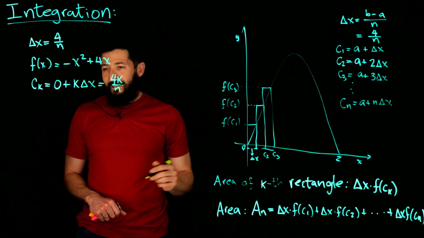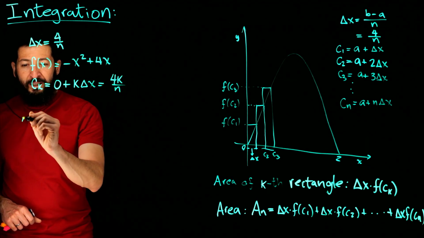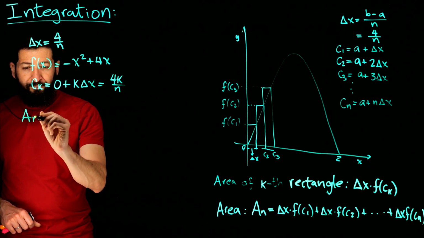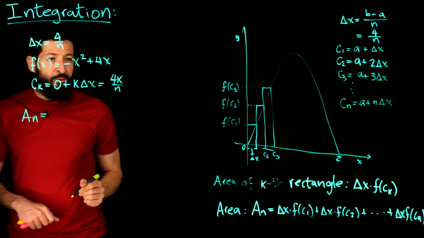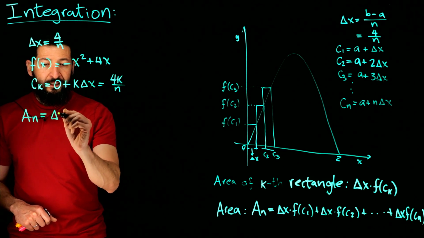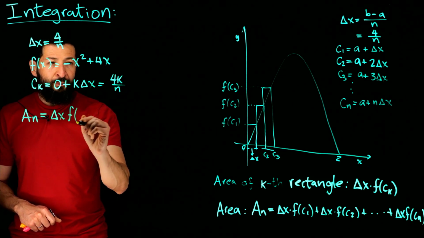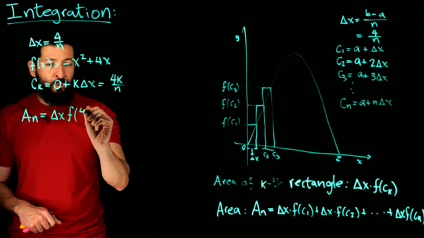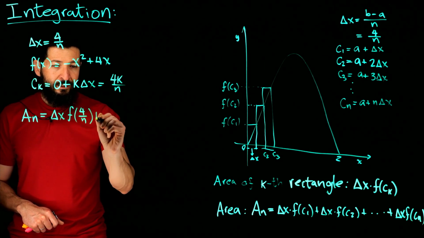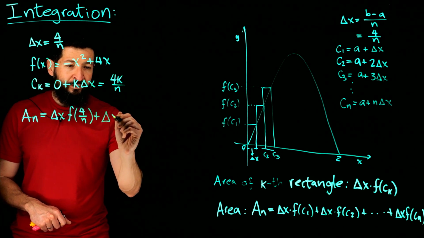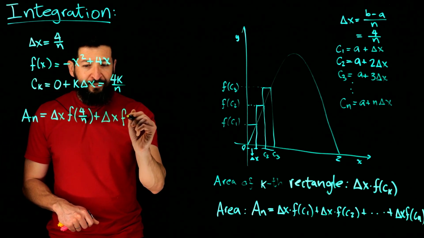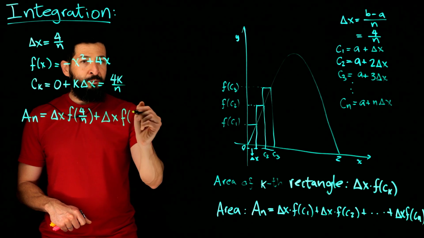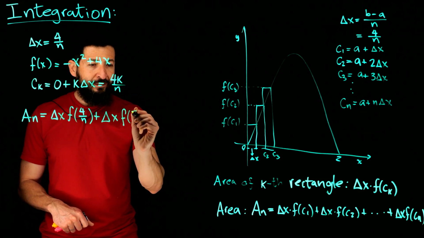So what I get then is the sum of the following rectangles. So delta x times f evaluated at C1. C1 is when k is equal to 1, so 4 over n. The second one is going to be delta x, f of C2, in that case k is equal to 2. 2 times 4, 8.